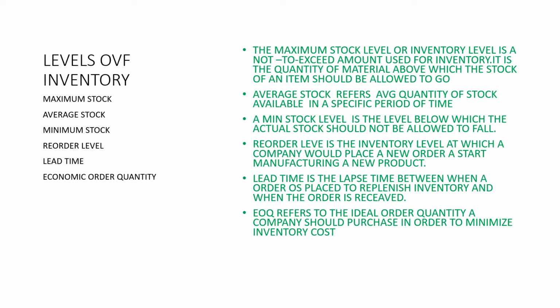This is done by finding the average of the beginning inventory and the end inventory for the period. The calculation is done with the beginning inventory and end inventory quantities, and with those the average stock is calculated.